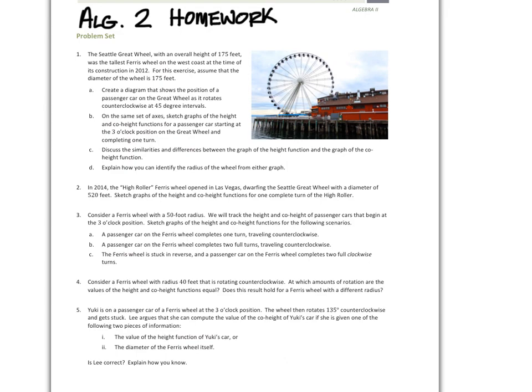It's just not broken into A and B. When it's asking, for example, in 1D, explain how you can identify the radius of the wheel from either graph, you must answer that question with a complete sentence. One that starts with a capital letter and ends with a period and has proper punctuation in between where necessary. It must be spelled correctly and it must be legible enough that it can be read.